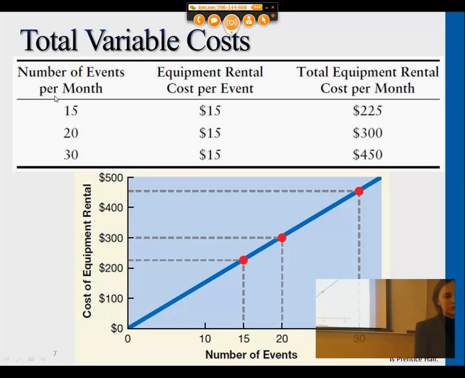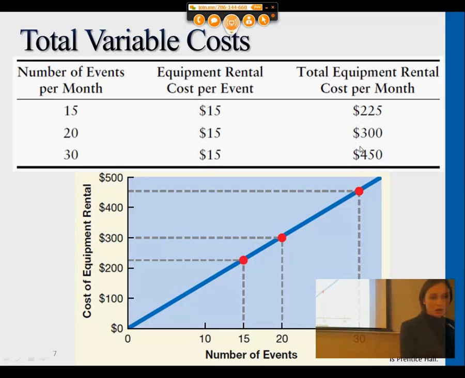So number of events that we had per month is 15, okay? I'm trying to plot my variable costs. I know that to rent my equipment, each event I have to pay $15. So by multiplying these two numbers, I'm going to have that my total equipment cost is $225. Okay? Now let's look at the next one. When I have 20 events per month, it still costs me $15, right? So my cost per unit is not changing.